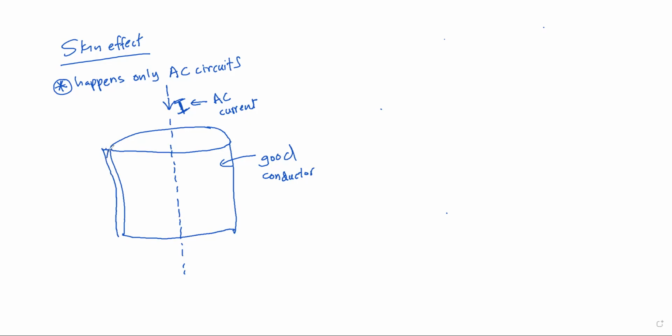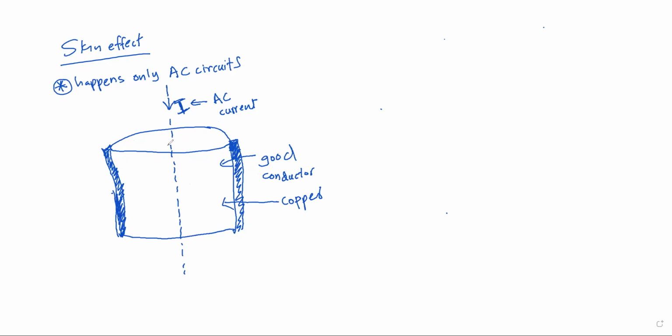There could be some outer covering for this conductor, but we are considering the conducting material only in this part. So this is the conducting wire, which can be composed of copper. You know, this is a good conductor.